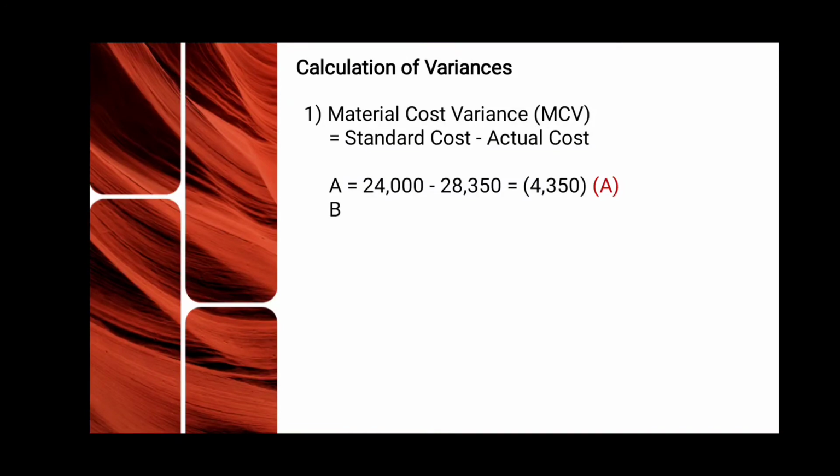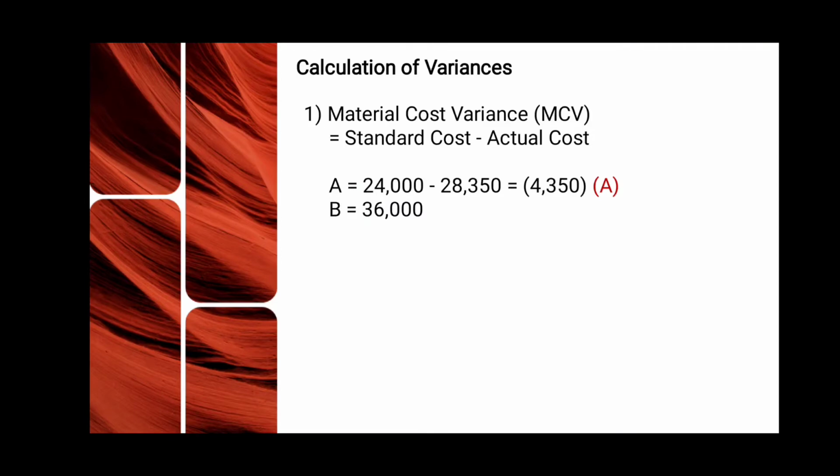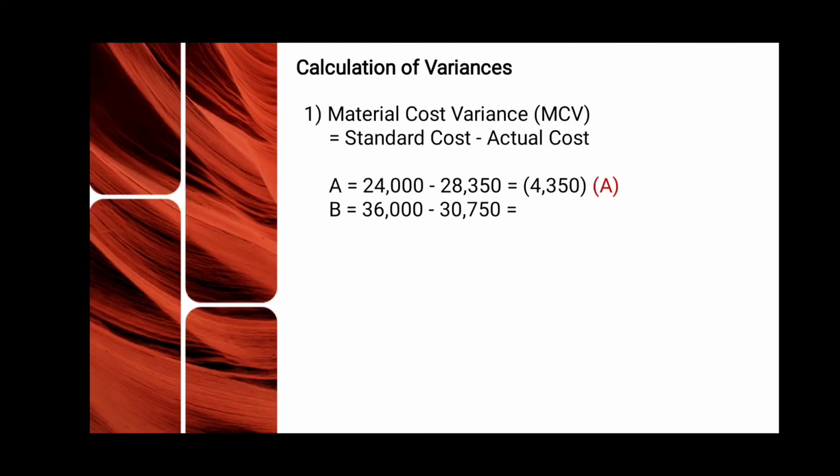For material B, standard cost is 36,000. So we'll record it 36,000 minus actual cost. Actual cost is 30,750, which will be equal to rupees 5,250. So we'll mark it as F, that is favorable.